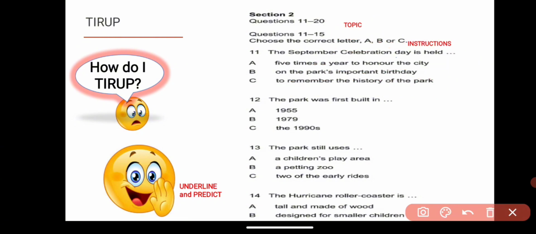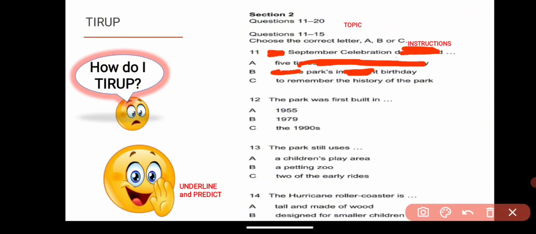Let me do it again so that you see. You will just cancel every other thing here. September celebration, just cancel this in your mind. Then five times a year to honor the city: you can just cancel five. They're going to mention something that will happen five times.